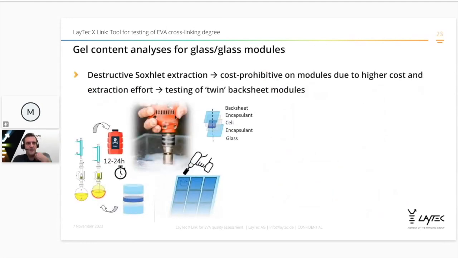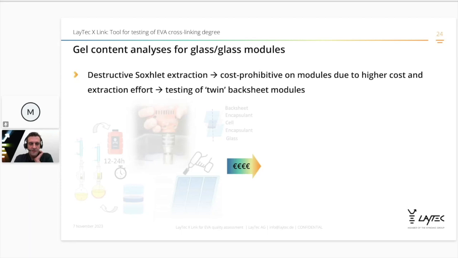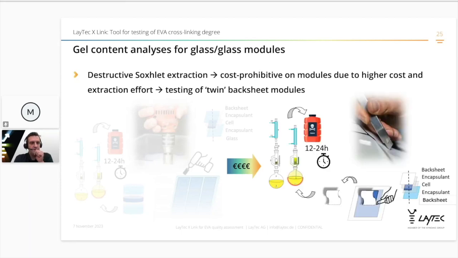Now let's come to the glass modules. Again, if you want to do it perfectly, you would have to do a core drilling in your glass module, extract the core, and make sure that it's not getting too hot to actually impact the measurement by post-lamination. Then again, wait for hours, do the disposal, and get the result. Again, this is way too much effort and way too expensive.